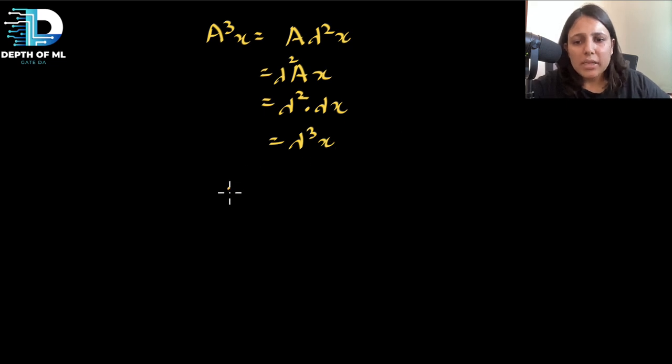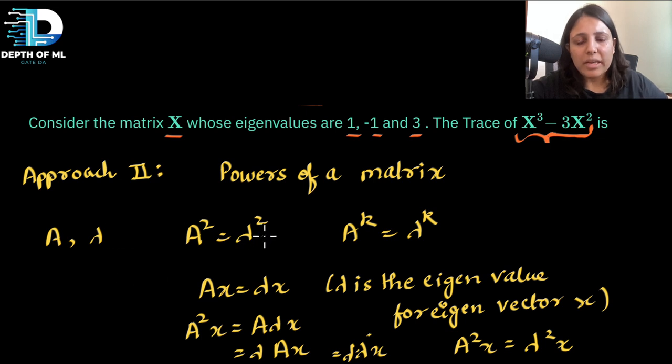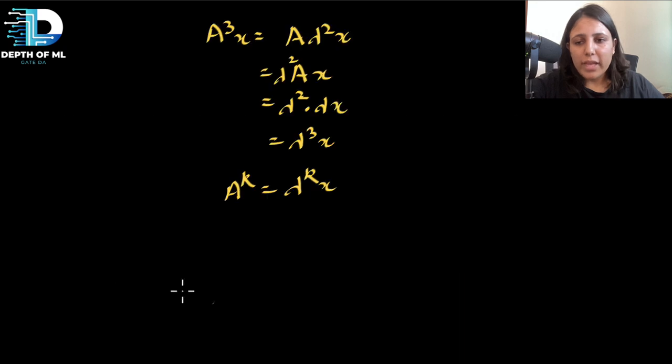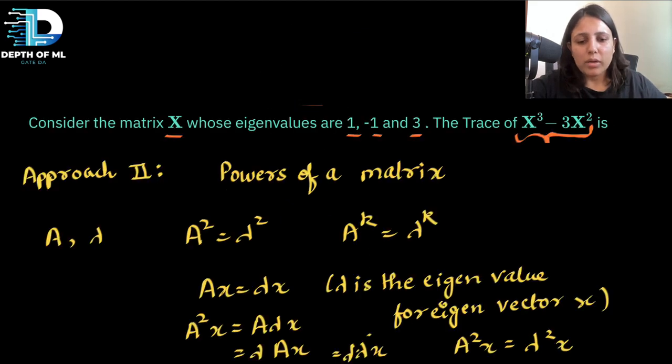Similarly, A power k x will be equal to lambda power k x. So what it says is that the eigenvalues of A power k are just the eigenvalues raised to the same power, right? So if A power k is given, then the eigenvalues will be lambda power k. Now that we know this, can we calculate the trace of this matrix?